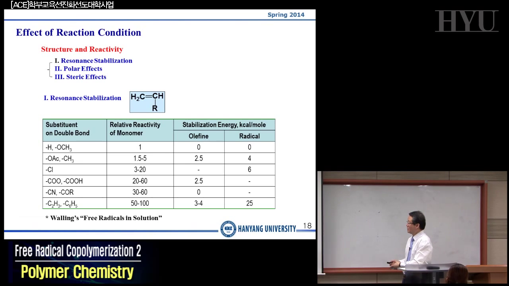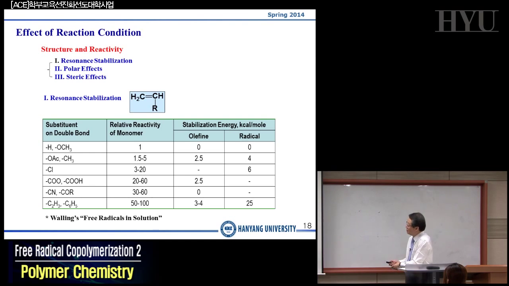But let me start this discussion from this table. If you take a look at this table, we have a vinyl group and substituents. All could be hydrogen. If it's hydrogen, we call this ethylene, right? If you have a methoxy group, then this is called methyl vinyl ether. If you have a Cl, we call this vinyl chloride. If you have a benzene, we call this styrene, right?